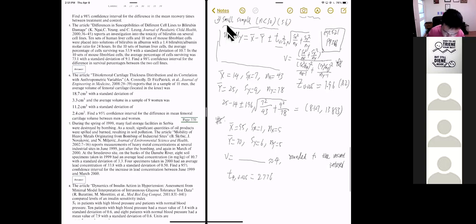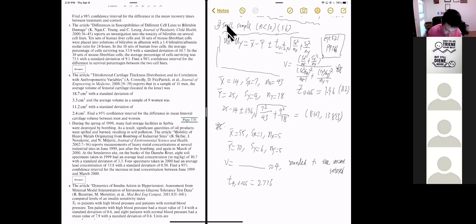Then what we should do is just plug into the equation here. 95 minus 70, plus minus t half alpha, 2.776, times the square root of Sx squared, 1 squared over sample size 5, plus Sy squared, 6 squared over sample size 5.